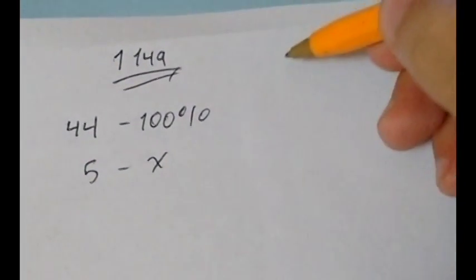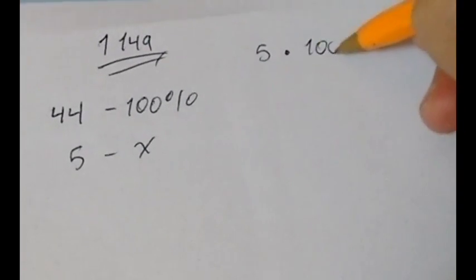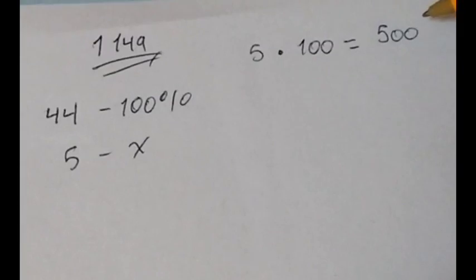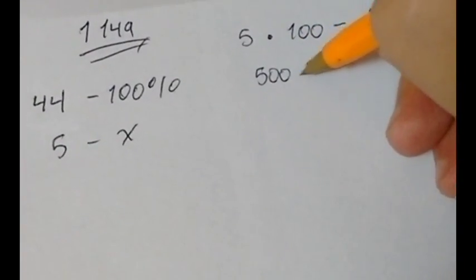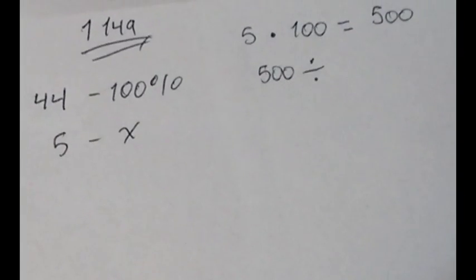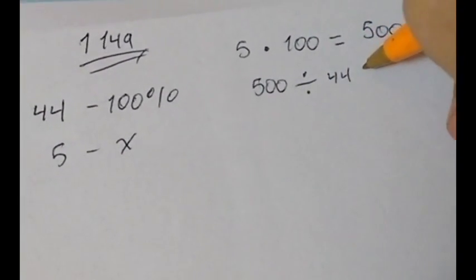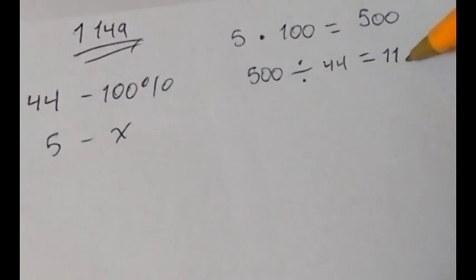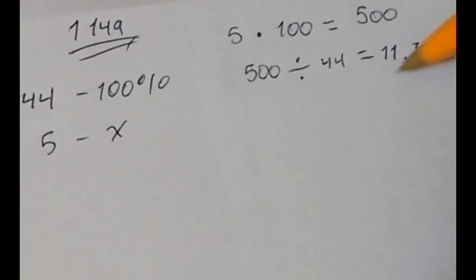So again we do a cross multiplication, 5 multiplied by 100, which gives us 500. Then we divide it by the total number of students, in this case 44, and this gives us as a result 11.36%.